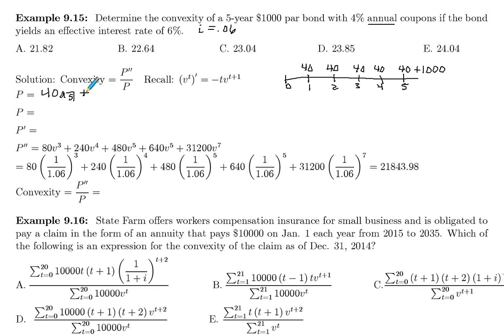And then bring the redemption value 1,000 back with a v to the 5th discount factor, so plus 1,000 v to the 5th. And then if we do the substitution here with v equals 1 over 1.06, you get a price of $915.75.